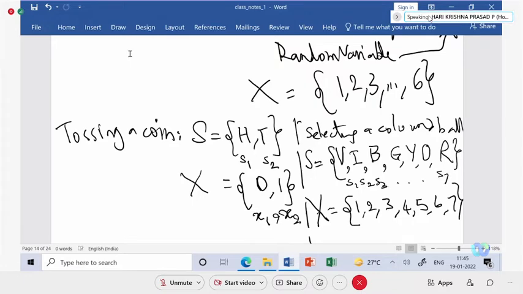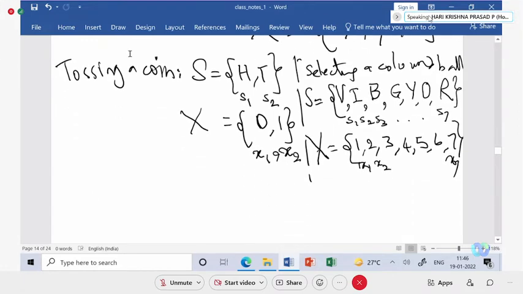To each outcome of the original experiment, I have assigned a numerical value x1, x2, and so on, x7. The collection of that set of numerical values is represented by capital X. Now the question arises: what is the rule based on which the numericals are assigned?